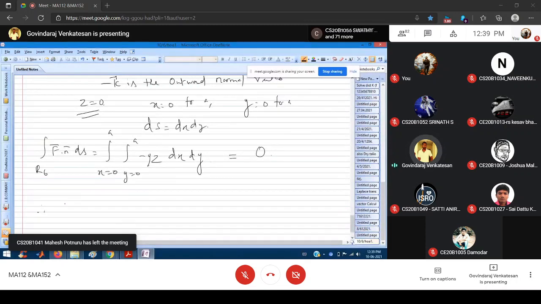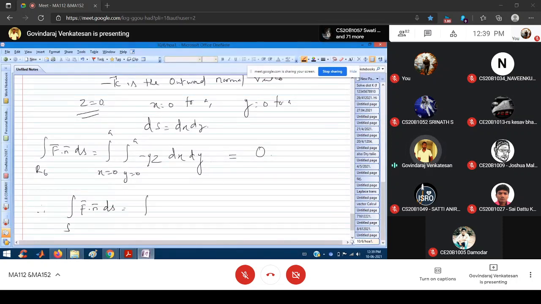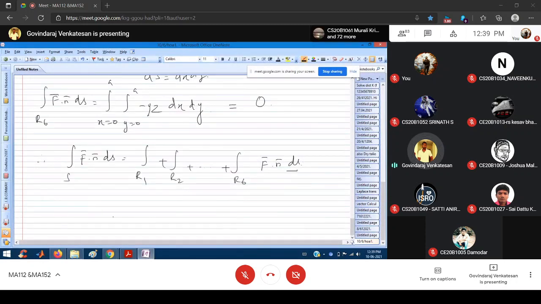Therefore the integral over S of f vector dot n vector into ds is nothing but the integral over R1 plus the integral over R2, etcetera, plus the integral over R6, for everything f vector dot n vector into ds. So after summing, for the first one you get 2a power 4, R2 is 0, the second is minus a power 4, the third is 0, the fourth one is plus a power 4 by 2, and the fifth one is 0.